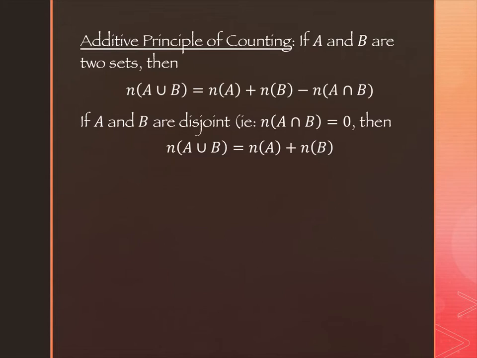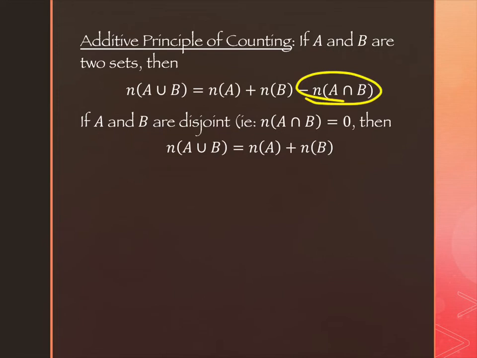If they don't intersect, the number of items in the intersection is 0, so this last piece falls off. That's the only difference in these two formulas. The second formula doesn't have the piece at the end because it's equal to 0.